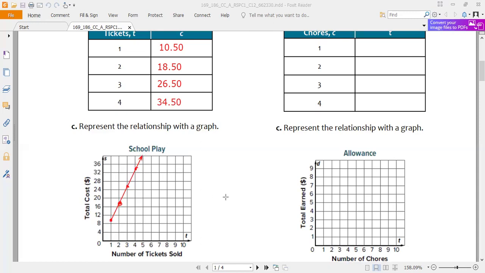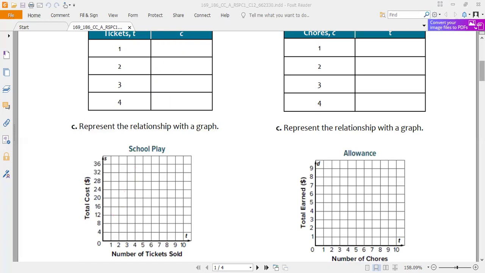So basically, in this question a word problem was given. We first wrote an equation, which was part A, then we made the table using the equation, and third we made the graph using the table. So each step is related to the others: A was related to the word problem, B was related to A, and C was related to B. The same goes for the next question, question number 2.